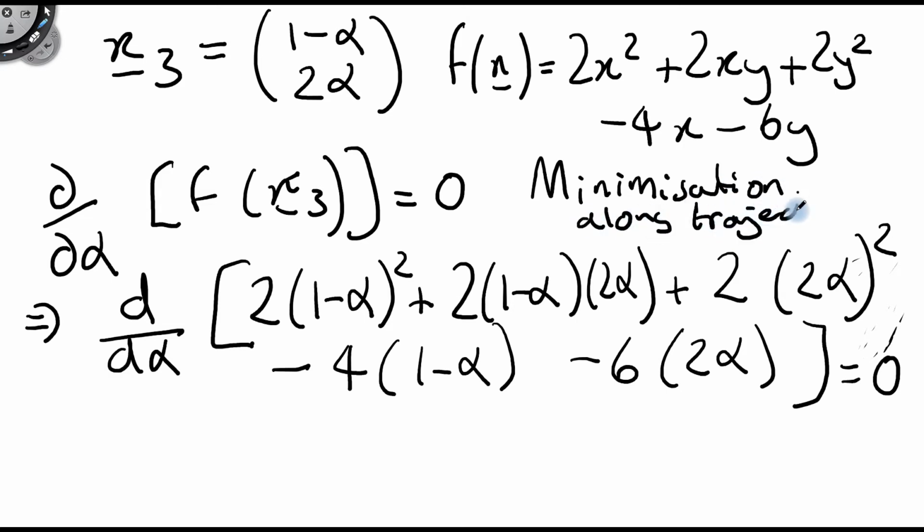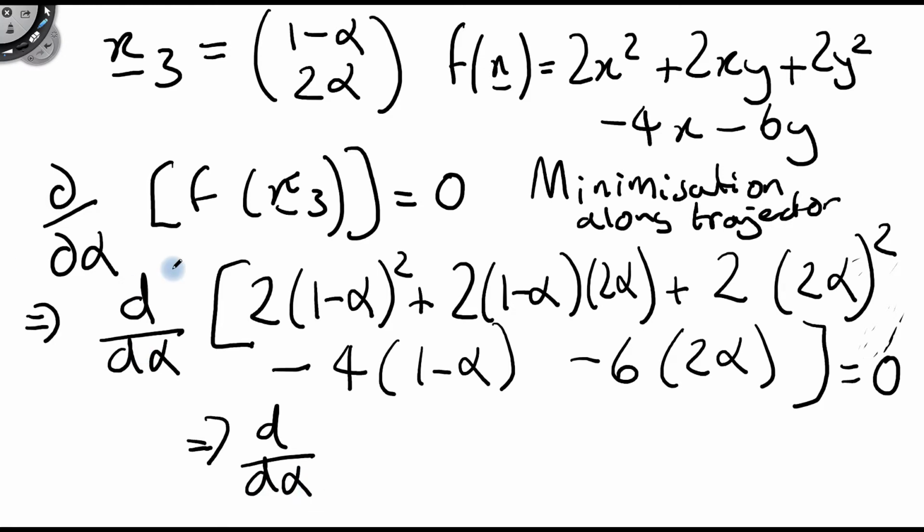But of course the trajectory now is defined by this conjugate direction and not the other one. So that implies d by d alpha, sorry, I'm using upright d by d alphas now.